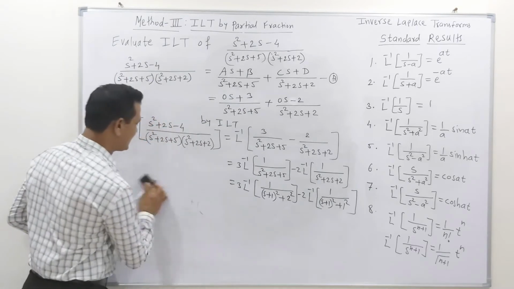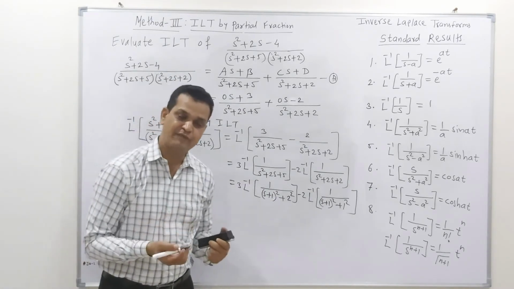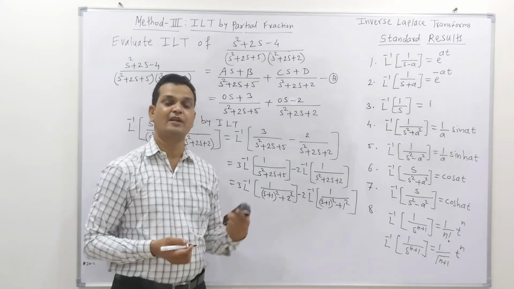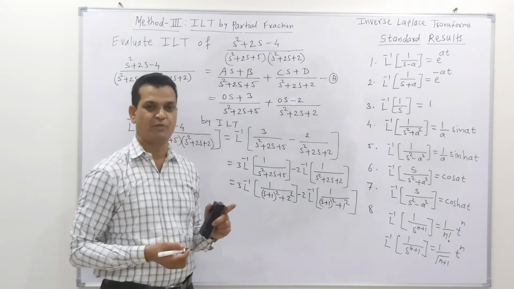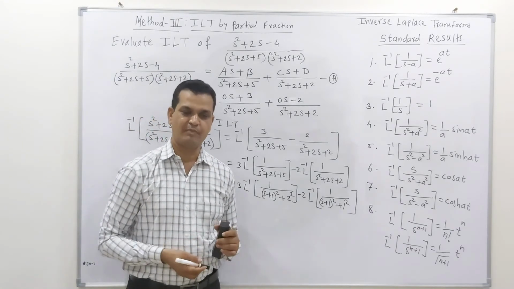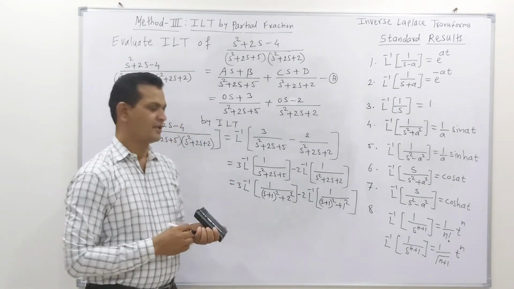Now observe that we can apply the concept of the second shifting theorem, which we already learned under method number 2. For detailed information about method number 2, finding the inverse Laplace transformation by the second shifting theorem, please watch our previous video lecture.